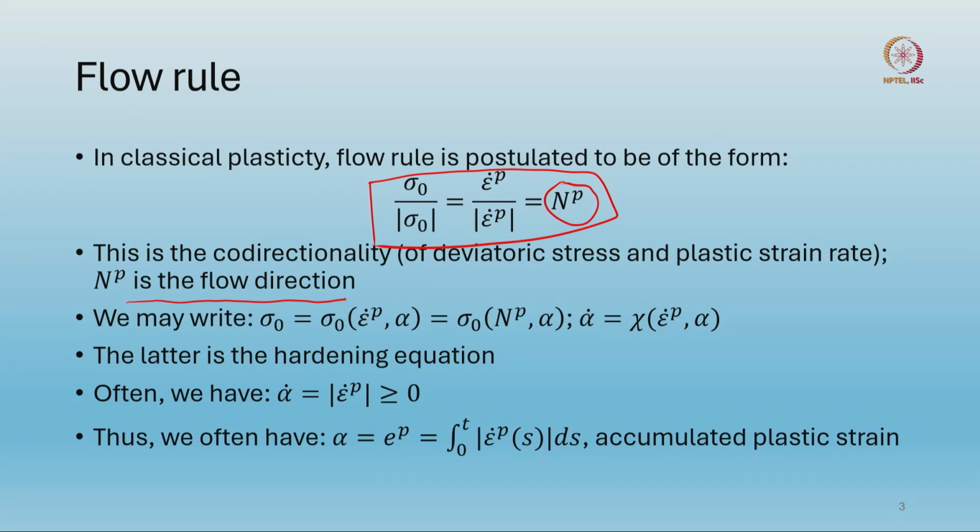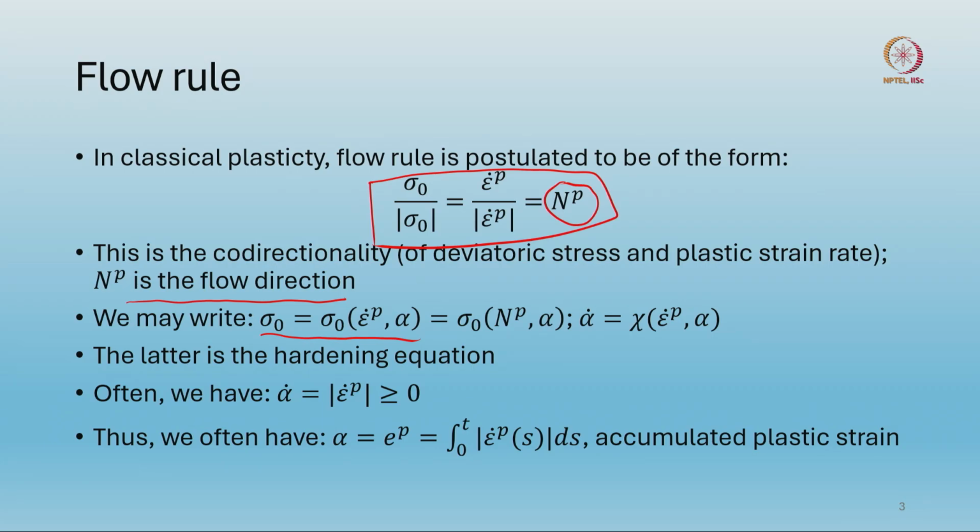Now if we write by way of a constitutive relation this deviatoric stress as a function of the plastic strain rate and alpha, which is the internal variable depicting hardening, let us call alpha the hardening variable.